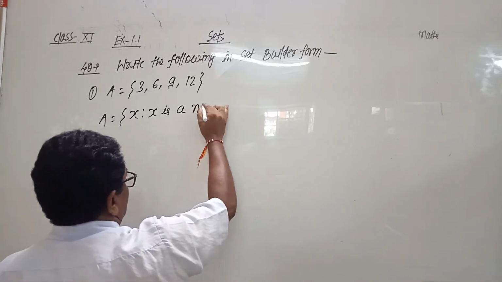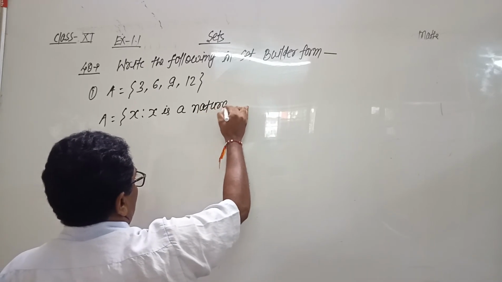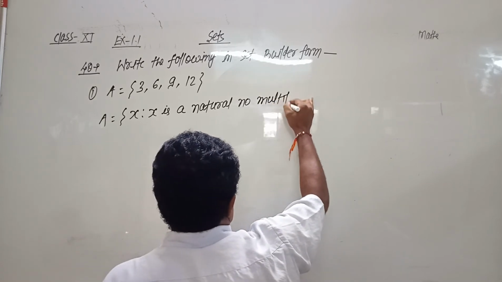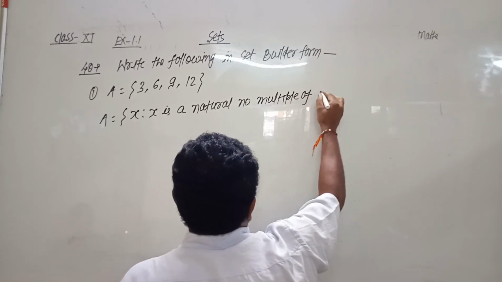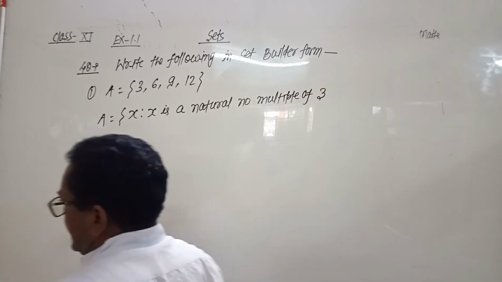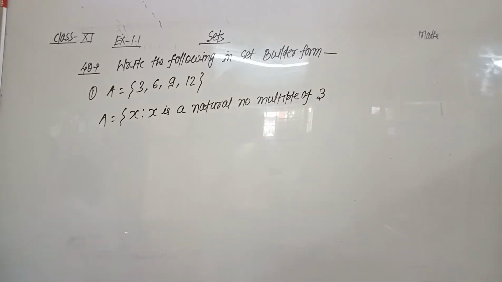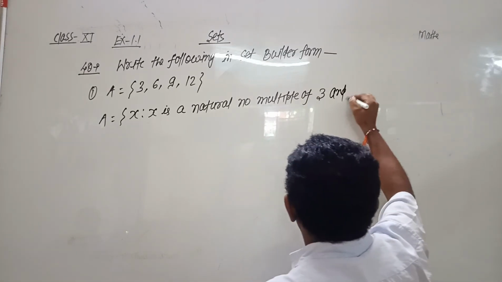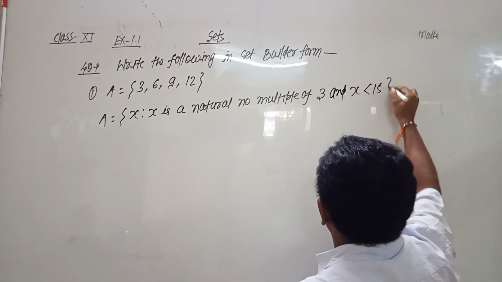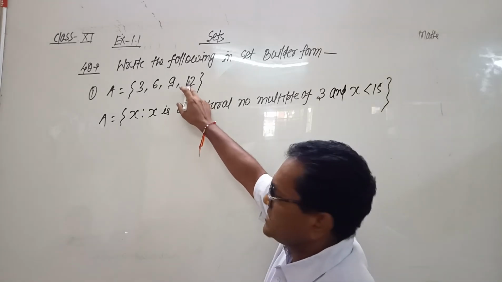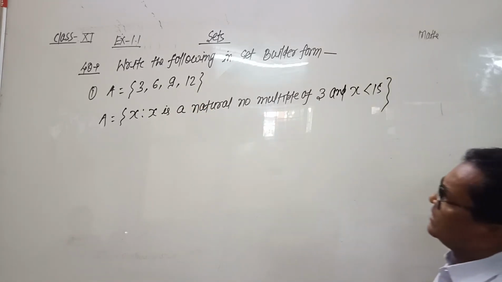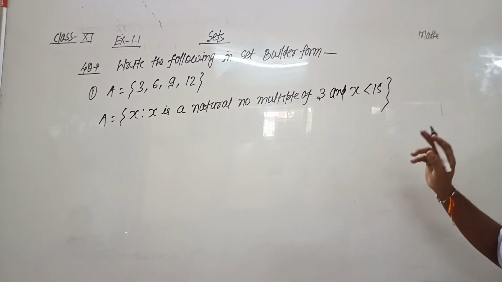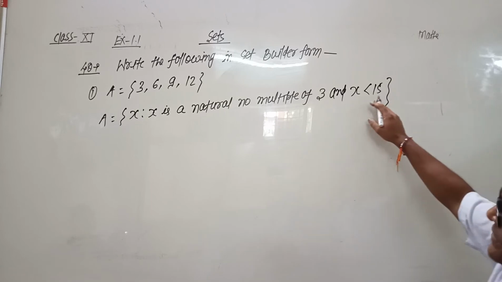{x such that x is a natural number, multiple of 3, and x is less than 50}. 12 is the last multiple of 3 less than 50.